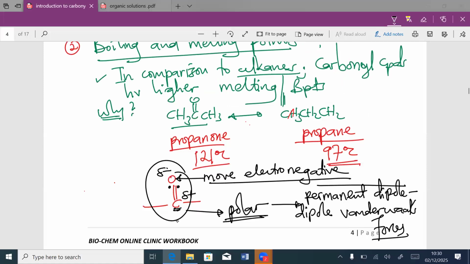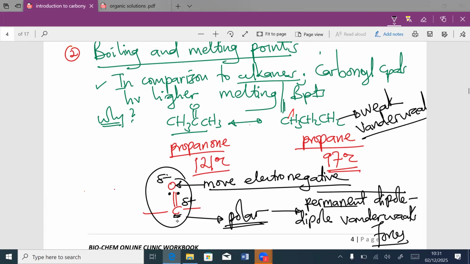Meanwhile, for propane, the molecules are held by temporary forces instead of permanent ones. In other words, they are held by weak van der Waals forces of attraction, and that makes their boiling point low.